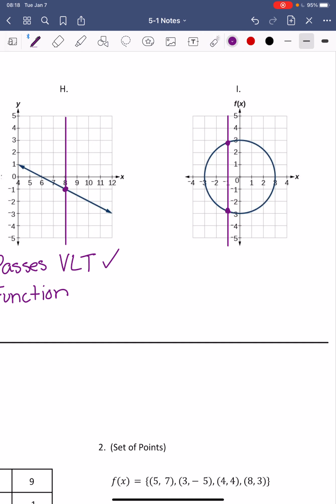That's just how it works. So, as you can see, one vertical line hits the circle in 2 different places. It's going to fail the vertical line test. So this is what it looks like when it's not a function.